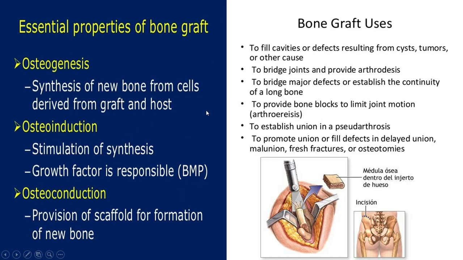of a defective part. Now, uses of bone graft: to fill a cavity or defect resulting from any bone cyst, any tumor, or any injury, or when you need a huge amount of cancellous bone graft for arthrodesis. Arthrodesis means fusion of a joint, or bridging a major defect to establish continuity of a long bone, or providing bone blocks to limit joint motion.